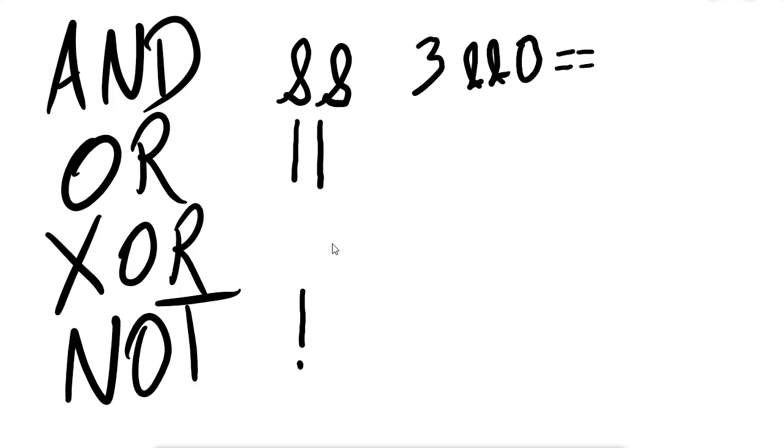So this is going to be the integer 0, because true and false is false. Now if we have 1 and 4, that's true and true, so that will equal true, right?